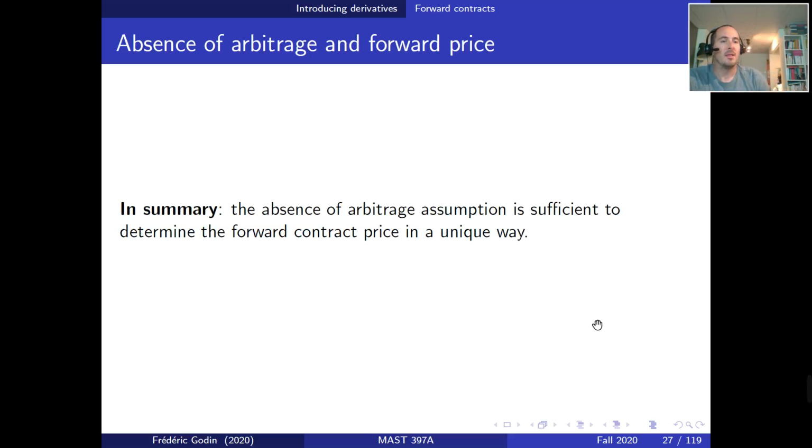Okay, so the assumption of absence of arbitrage, along with some others, so along with storability, were sufficient to determine in a unique way the strike price associated with a forward contract.